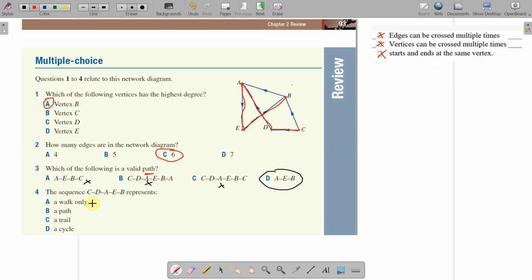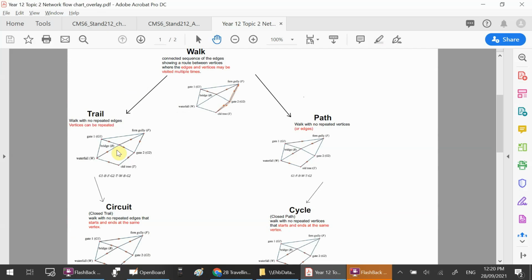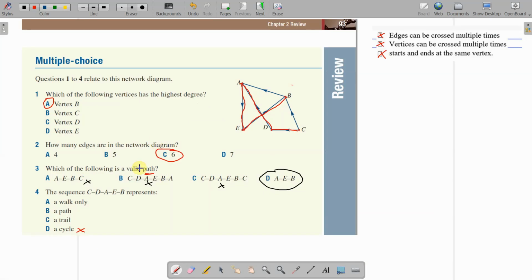Now, for these, it does not start and end on the same vertex, so it can't be a cycle, because a cycle starts and ends in the same vertex, and this one does not. A walk can be anything, so it can be a walk.